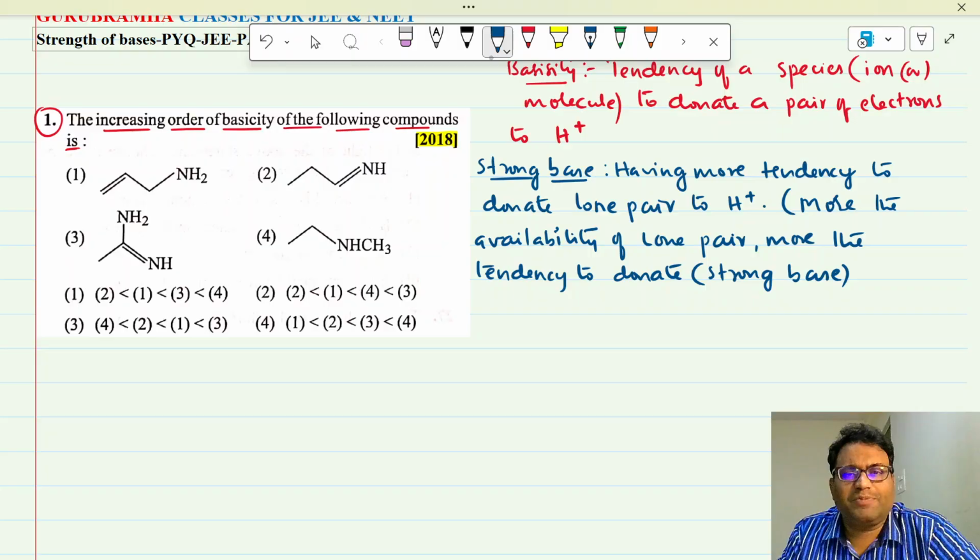If the species is having less tendency to donate the lone pair, then we say that it is a weak base. So less tendency means less availability.